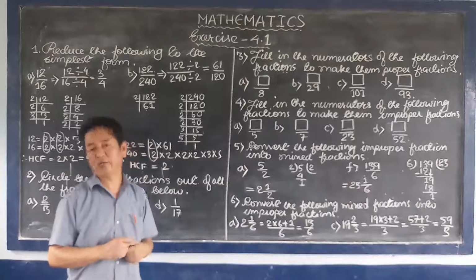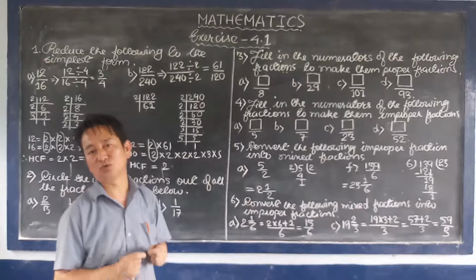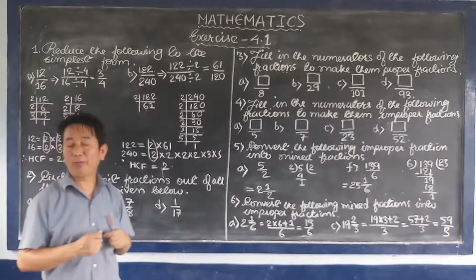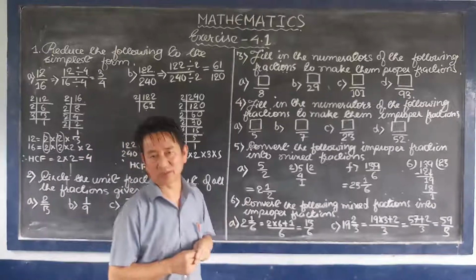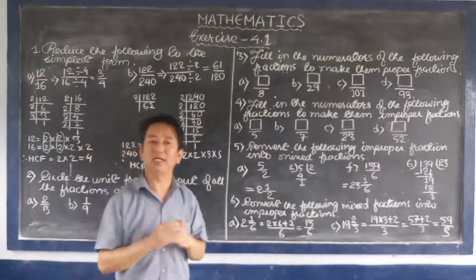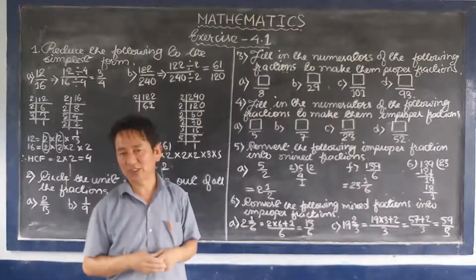Number one, unit fraction. A fraction whose numerator is 1 is known as a unit fraction. Number two, proper fraction. A fraction whose numerator is less than the denominator is known as a proper fraction.